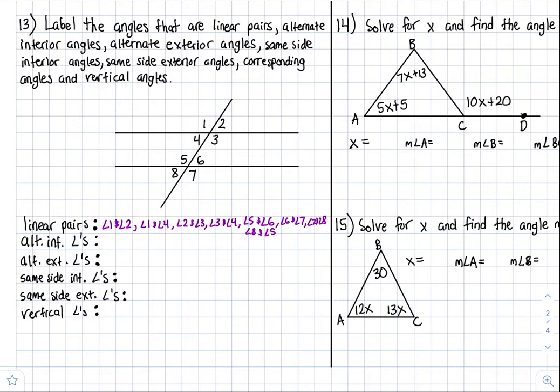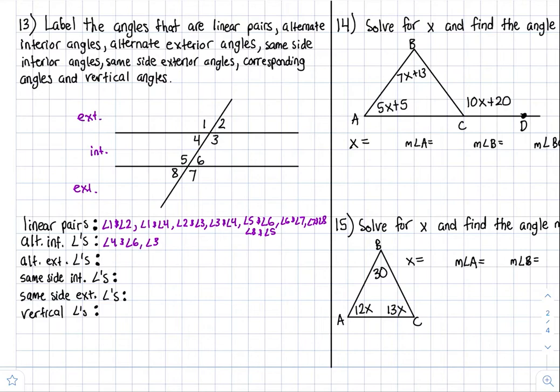Now, alternate interior angles. Remember, this is the interior region, because it's in between the two lines. This region is our exterior. So, alternate interior angles are here, but they are not on the same side. So, 4 and 6 is a pair of alternate interior angles. So, angle 4 and angle 6. 5 and 3 are also another pair.